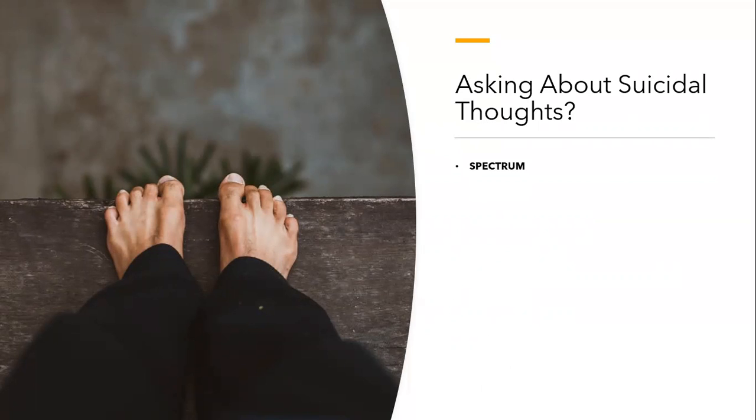So when it comes to suicidal thoughts, it's not just about the presence or absence of suicidal thoughts. We need to find out more about what they mean. So it's not just yes or no. And I like to think about suicidal thoughts as being on a spectrum. So on one end of the spectrum, someone might say they have suicidal thoughts and suicidal ideas, but they may be fleeting and rapidly dismissed.